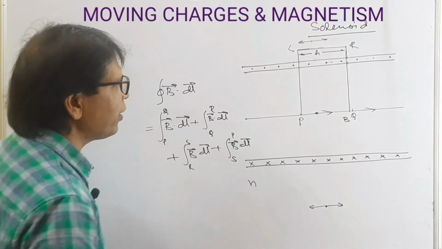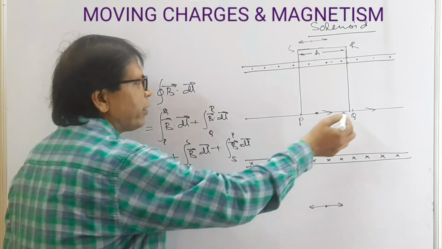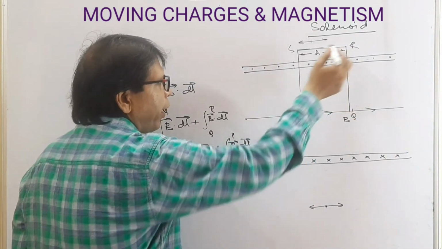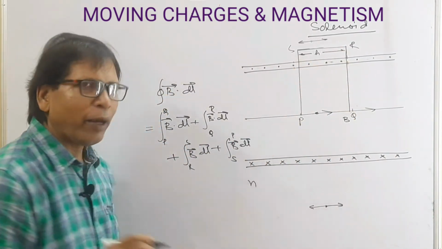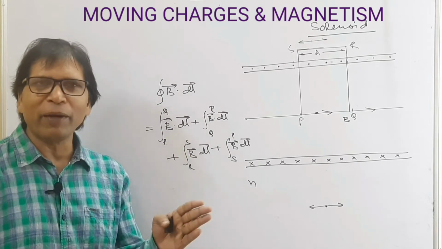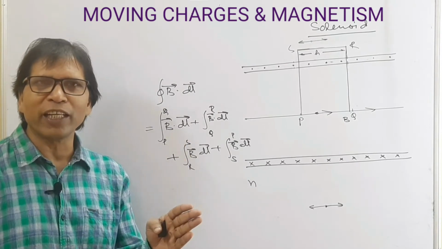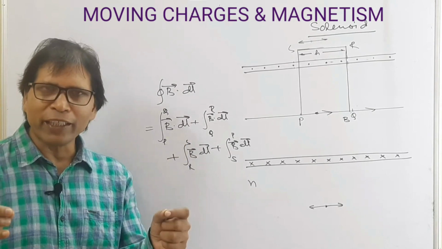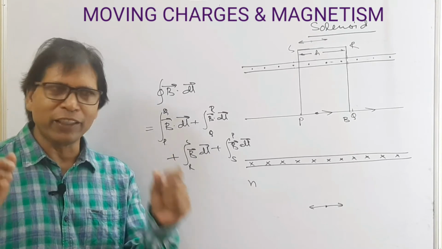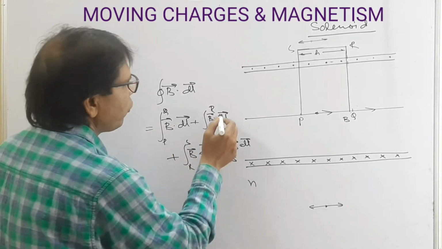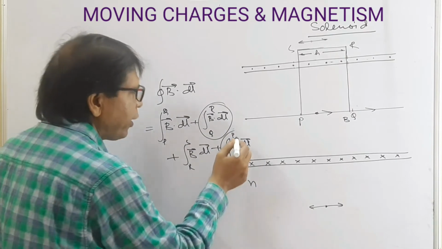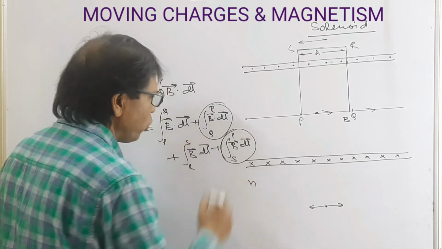Okay. Now look at this, along QR and SP, the B vector and dl vector are perpendicular to each other, so B vector dot dl vector is 0. So this portion is 0 and this is also 0.